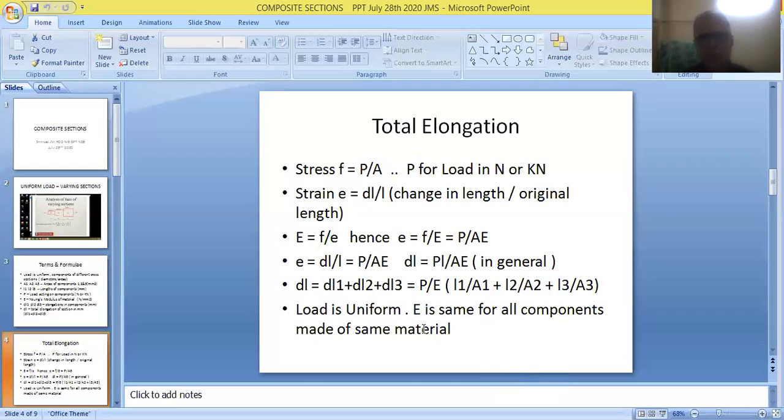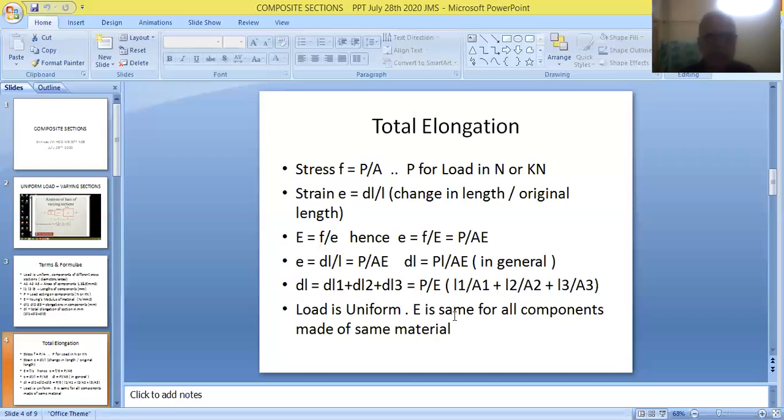So friends, it is written in this particular fashion. You measure the individual elongations, add up all the values, and you get the final elongation. So this is the general formula for measuring individual elongations.